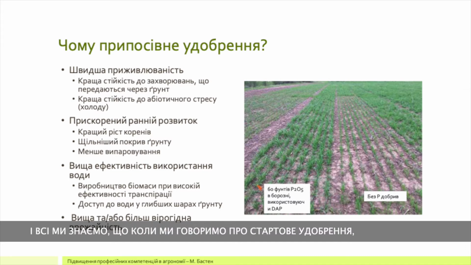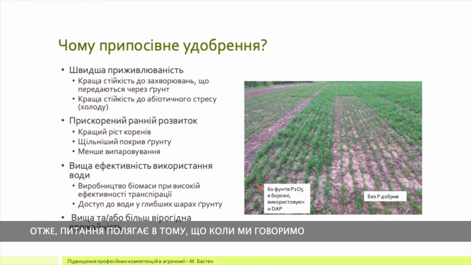And we all know that when we talk about starter fertilizer, the first nutrient we think of is phosphorus because of some very special soil chemistry and metabolism of phosphorus when it comes to phosphorus uptake.